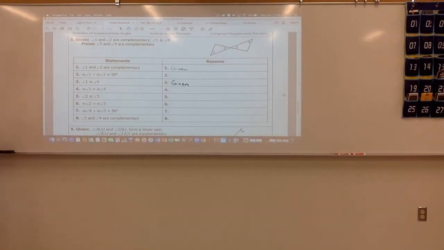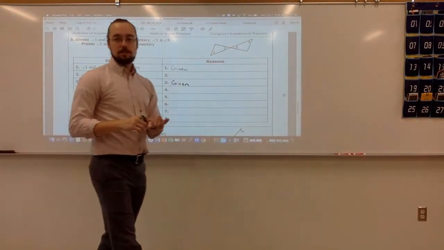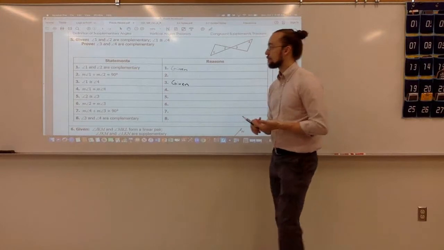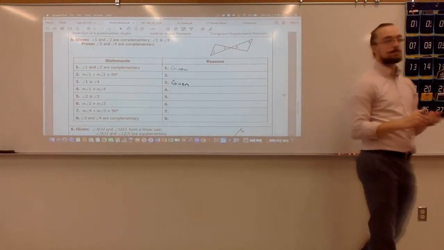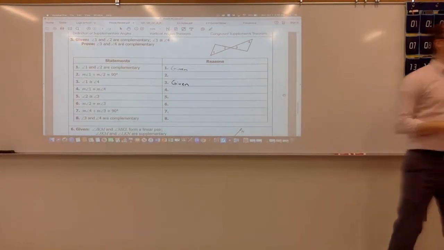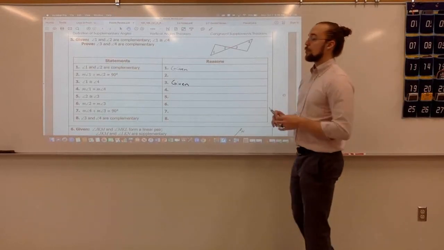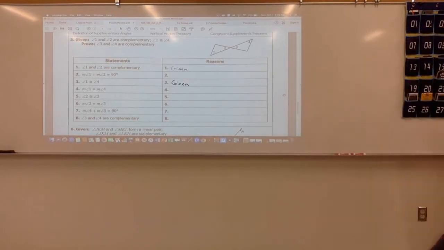Now, if angles 1 and 2 are complementary, why am I allowed to say that their measures add to 90? Definition of complementary.